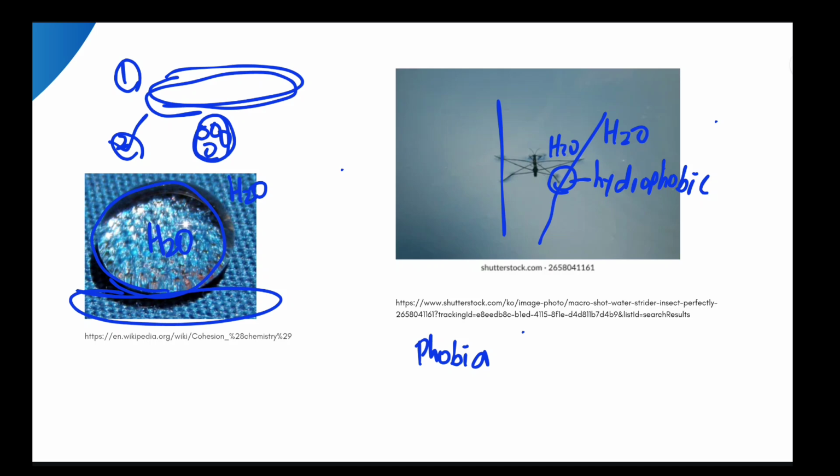Well, its definition is being scared of something. So phobic means being scared, and hydro is just water. So the water strider's legs are really afraid of water. That's why they tend to move fast, because they don't want to be inside the water.